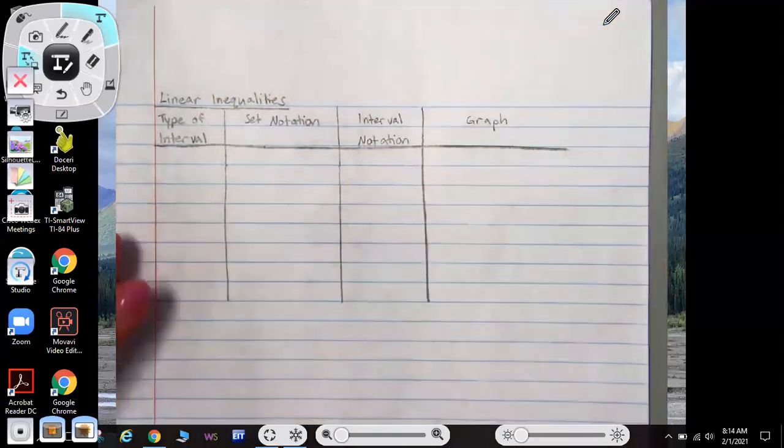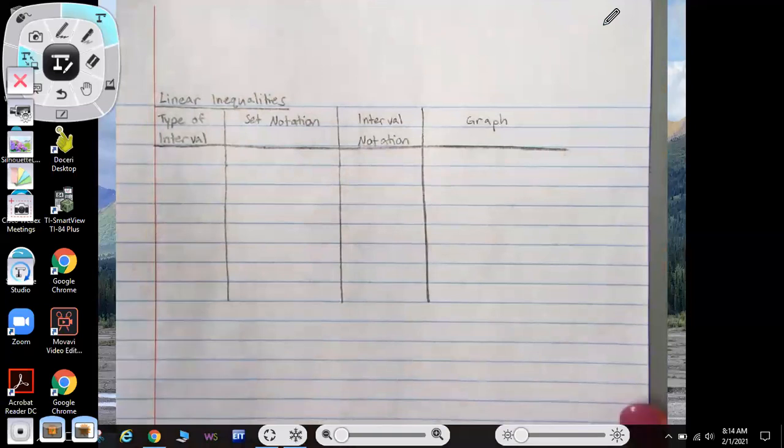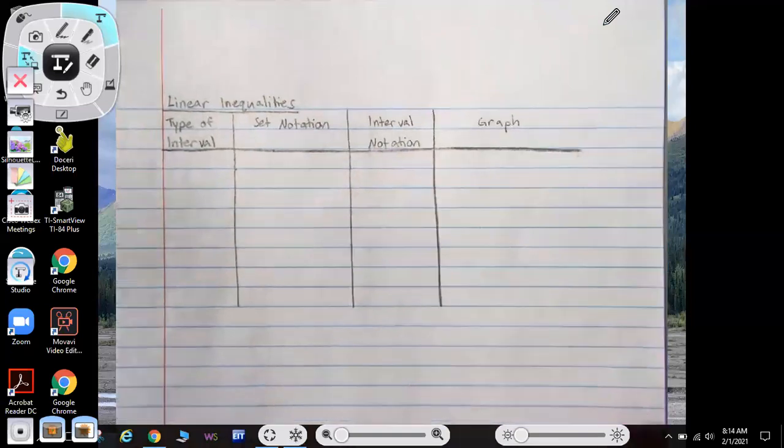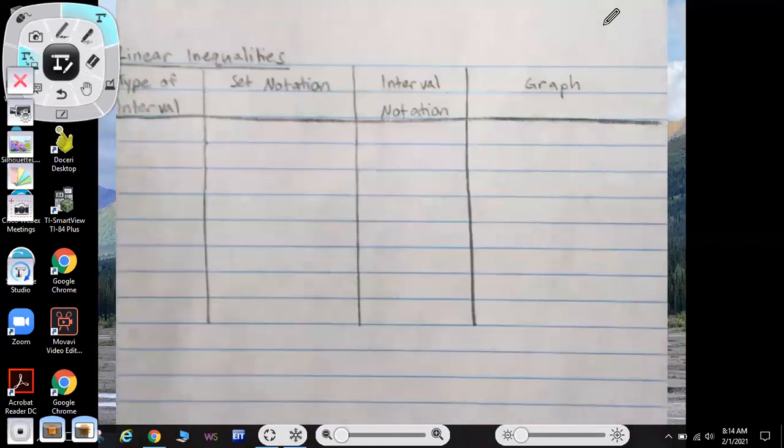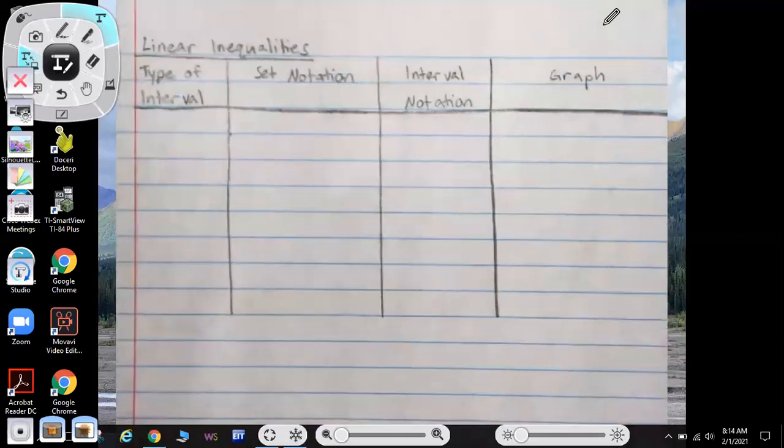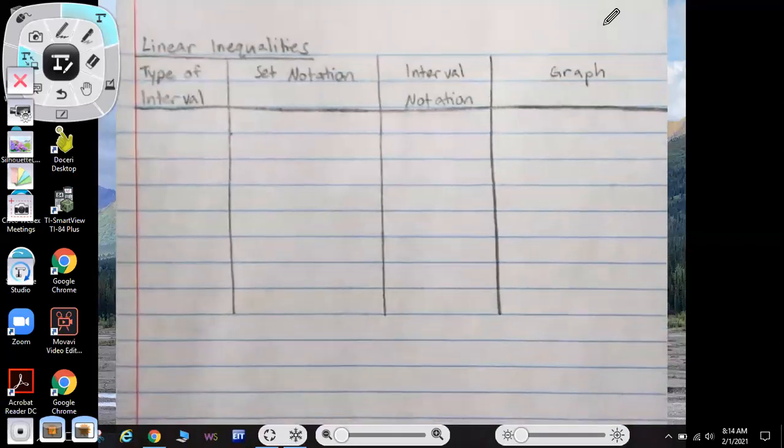Okay, so here's our table. We have 4 column headers: type of interval, set notation, interval notation, and graph.